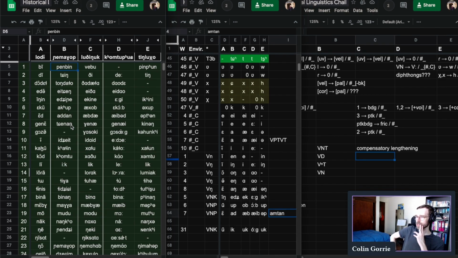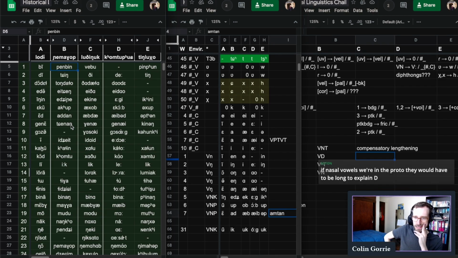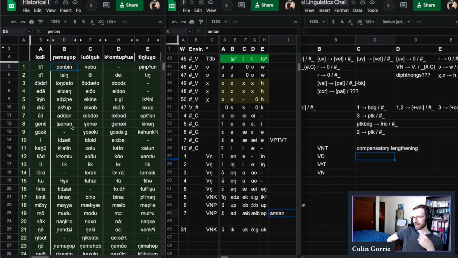That could be the issue. If nasal vowels were in the proto, they would have to have been long in order to explain D. And if they're all long, if we have a proto-language with a set of exclusively long nasal vowels, then it almost seems like, why not just reconstruct vowel nasal and then something else.